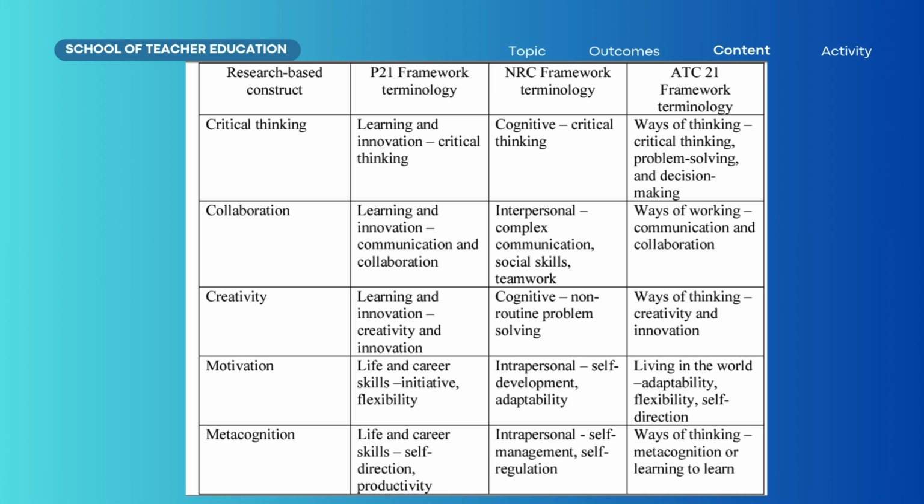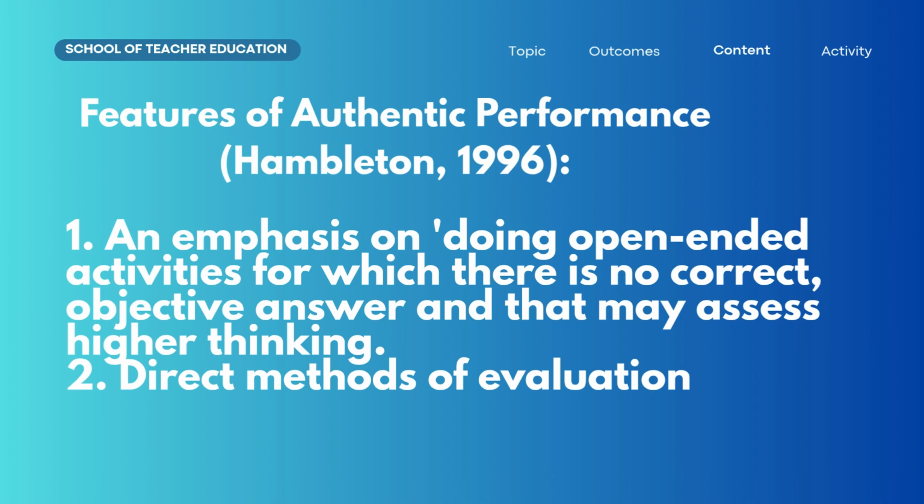In other words, these are at least the criteria that we are looking for, or that we can meet when we give authentic assessment. Now let's proceed to the different features of authentic assessment as defined by Hambleton in 1996.